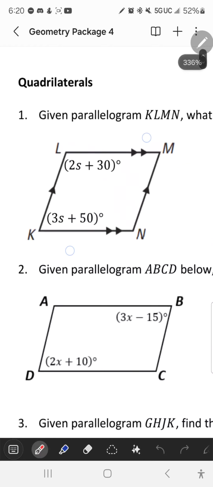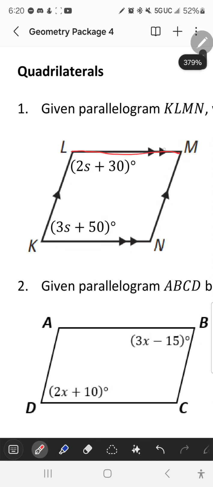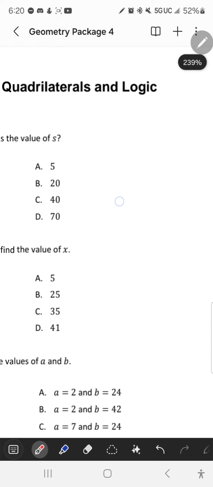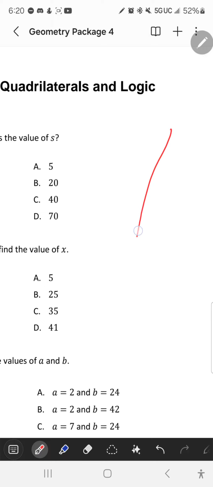Since it is a parallelogram, this side will be parallel to this side, and this side will be parallel to this side. I hope you liked the last topic, where I explained the different kinds of angles.